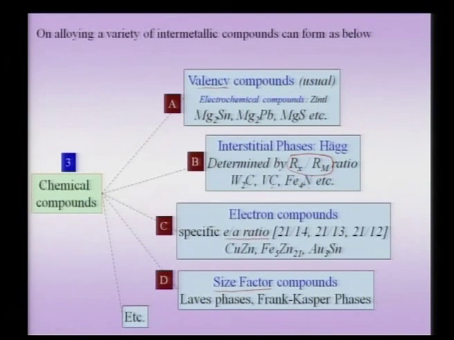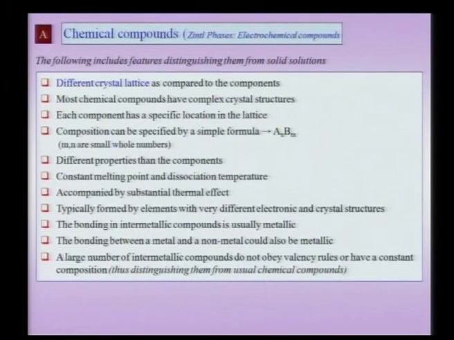And even in size factor compounds, obviously there is a radius ratio involved, but in the case of the interstitial phases, the radius ratio is perhaps the most important determining factor in terms of the compound formation. So, we will try to go through some of these cases one by one and take up some of the examples. Of course, some of the examples are given here, for instance, Mg2Sn, Mg2Pb, etc., and we will see many more examples here and try to understand how we rationalize the formation of these compounds.